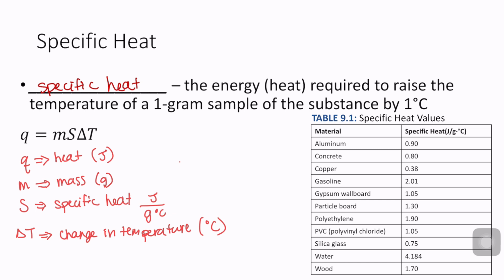When you are calculating delta T, it is always going to be your final temperature minus your initial temperature. Here is a big table of the different specific heat values. You do not need to memorize it. You will always be given the specific heat values on a quiz.